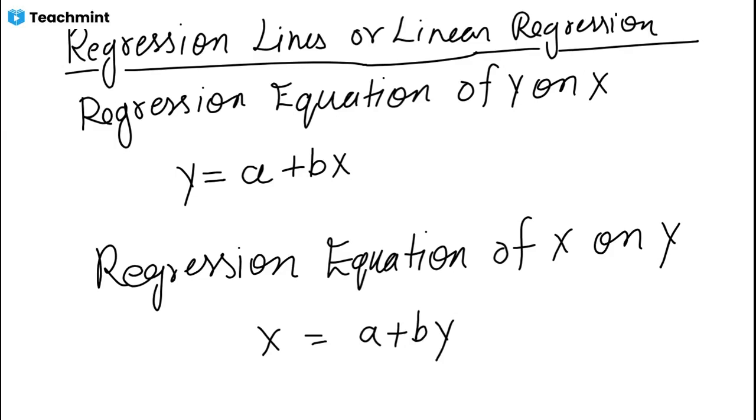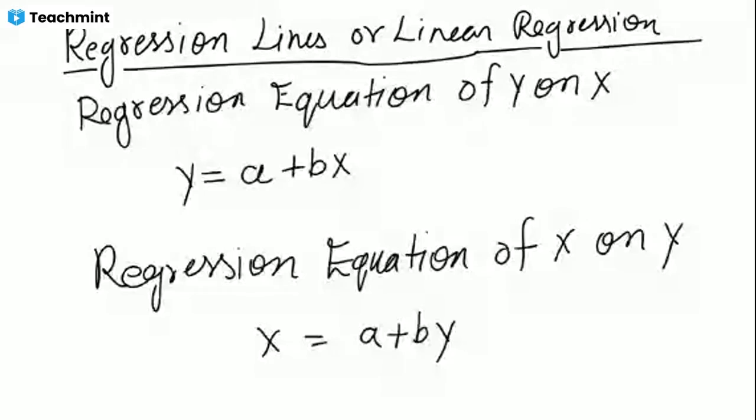Or how can we write this equation in another form? First I'll tell you about a and b; the other form will take time, but I'll tell you that too.